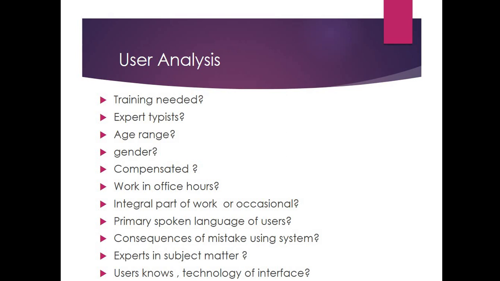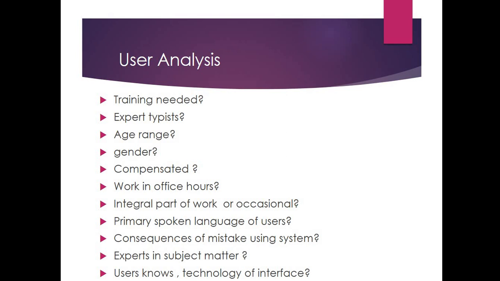To improve their typing speed, whether any special training is needed or not, that has to be identified. Then what is the age range of the users who are going to use the interface, that needs to be determined. Then whether more males are going to use the interface or more females, we have to identify.